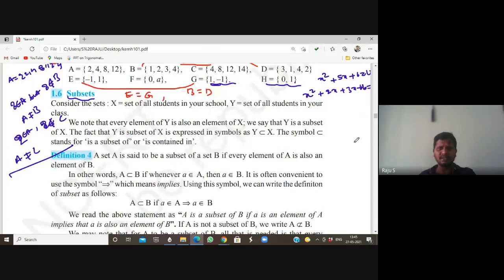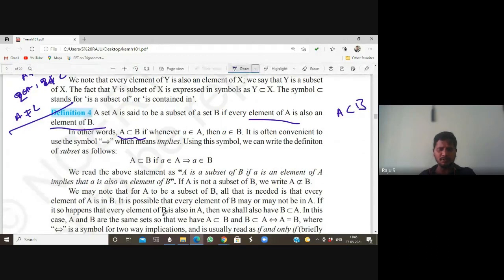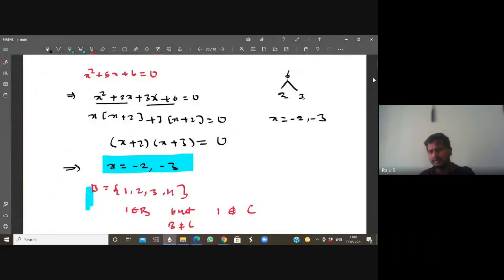Next, subset. Subset means, for example, A is a subset of B: every element of A is an element of B. That is a subset. A is said to be a subset of B if every element of A is also an element of B, and we can denote it by A ⊂ B. This is the symbol, subset. For example, I'm going to explain the concept now.